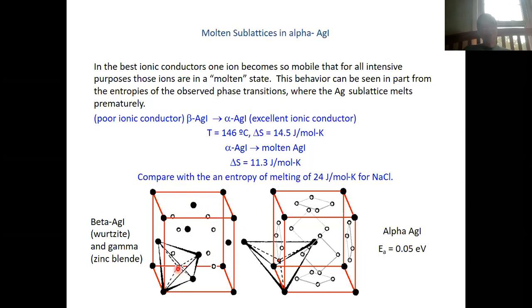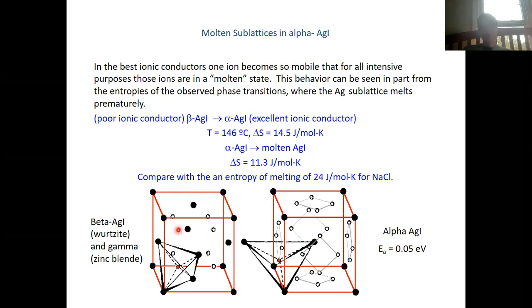In principle, you could imagine that a silver ion can migrate from an occupied tetrahedral site to another unoccupied tetrahedral site.